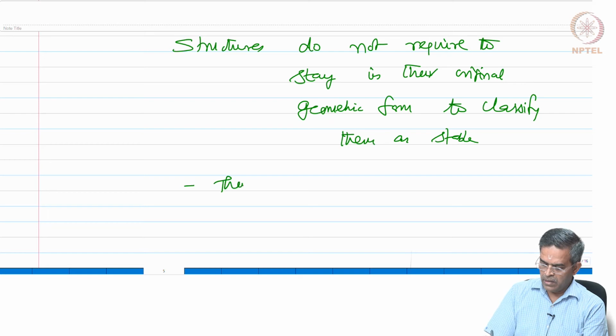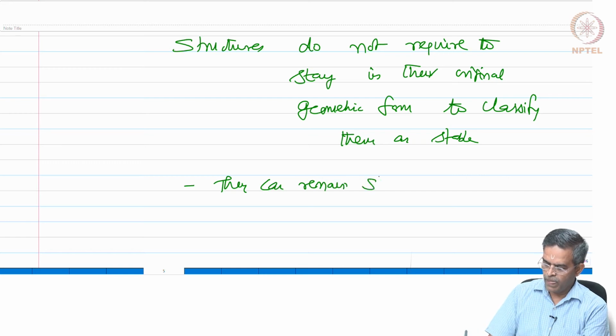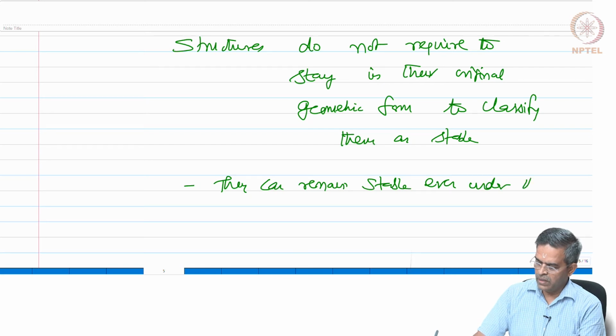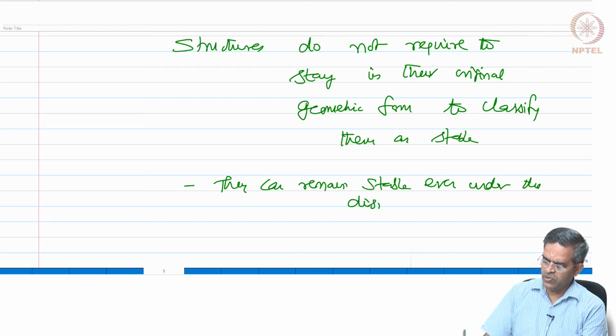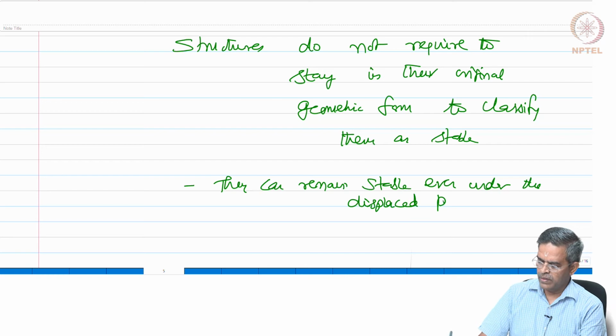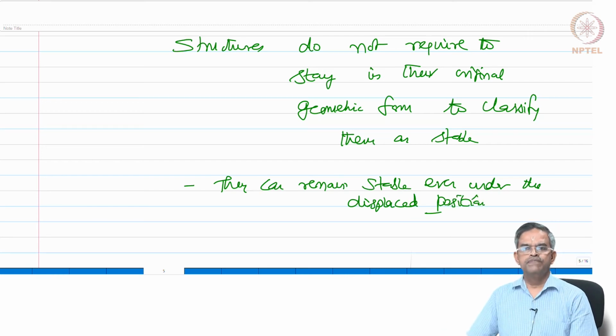They can remain stable even under the displaced position. That is very important. So, form dominant structures can remain in the displaced position, and as long as they are able to disperse the loads and perform the intended function, they are considered to be stable.